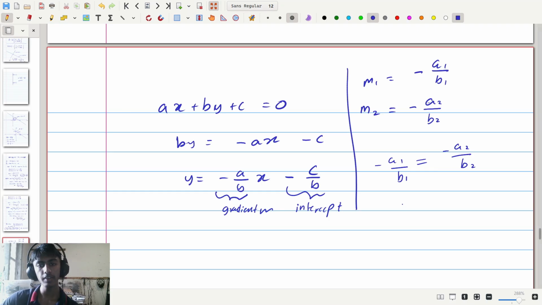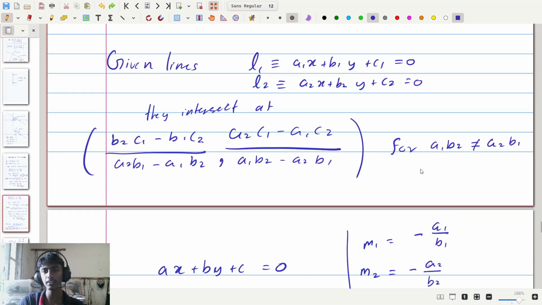We get a1 divided by b1 equal to a2 divided by b2, which we can then rearrange to get a1 b2 equal to a2 b1. Therefore, if a1 b2 is equal to a2 b1, then we do not have an intersection. This is exactly the reason why we should not have a1 b2 equal to a2 b1.